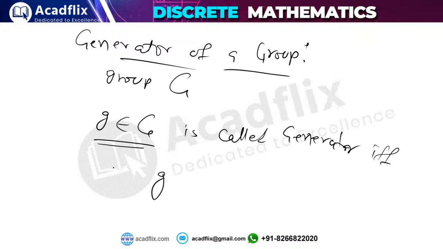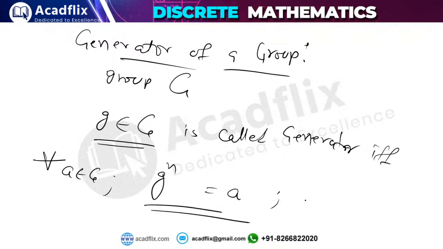Basically, for all elements a in G, this a can be generated from this g by doing some power. So g power n is equal to a for some n. This is the definition of generator.